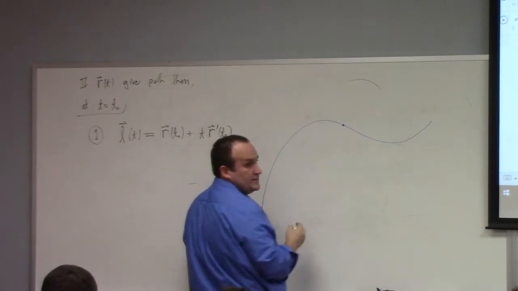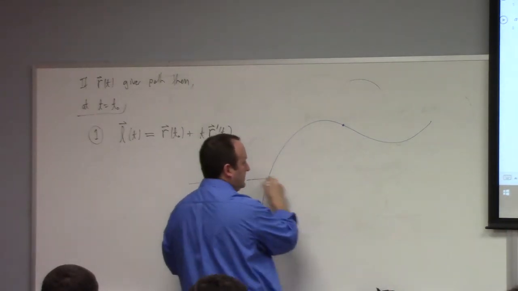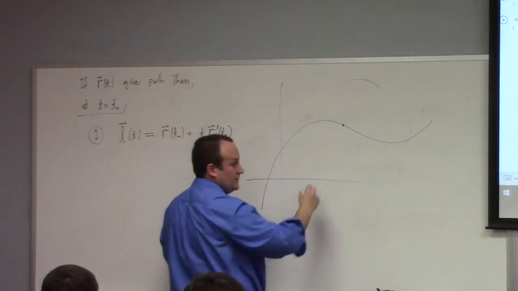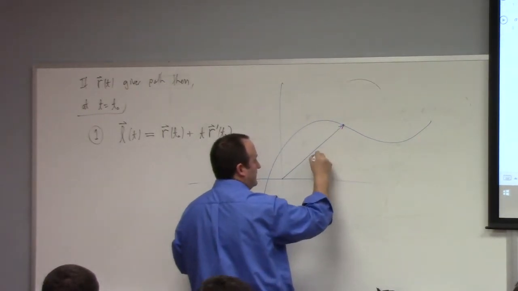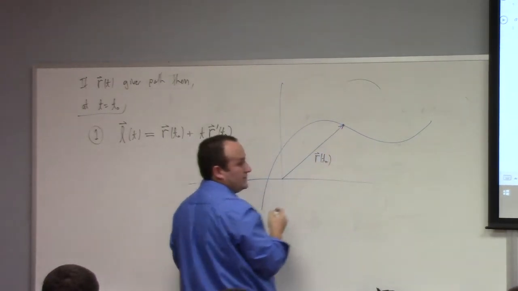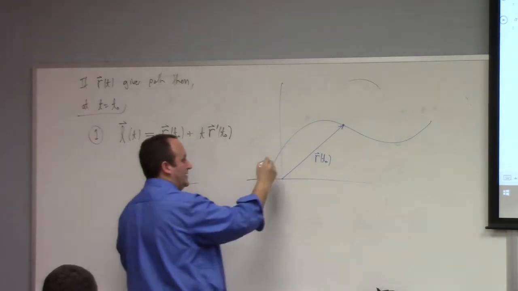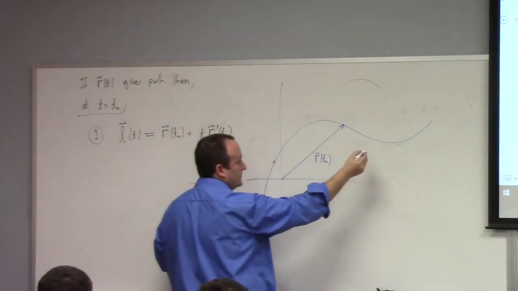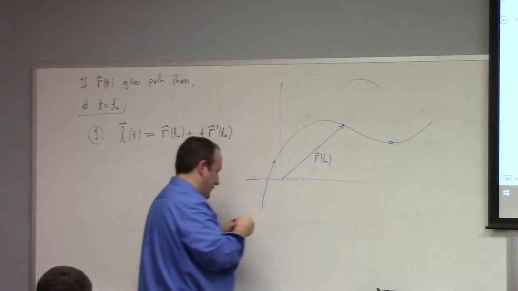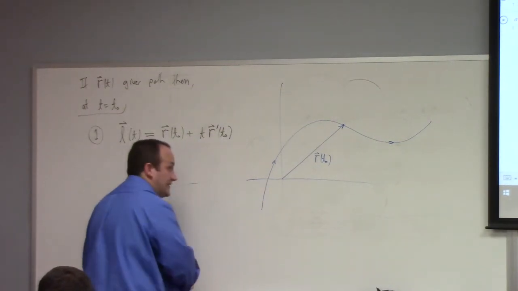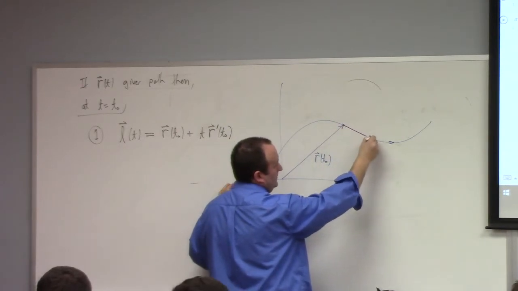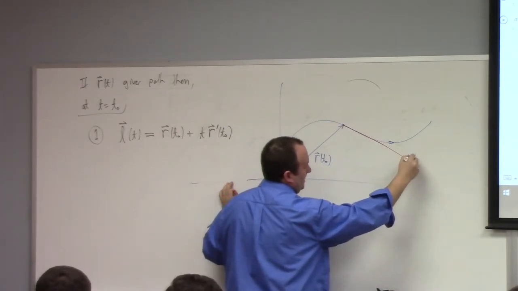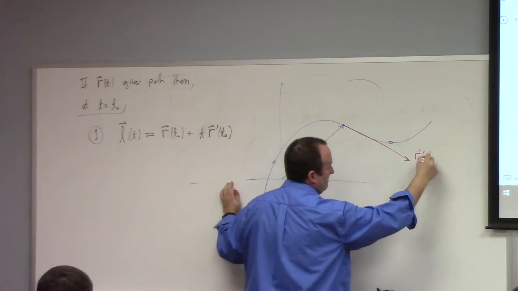So the origin is somewhere, but wherever it is, we go from the origin out to there, that would give me r of t naught, right? Suppose that the path is moving this way. What's the velocity vector look like? Well, something like this, right? So that would be r prime of t naught.